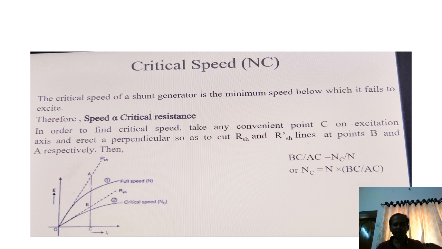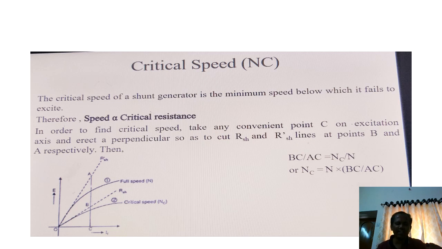In order to find critical speed, take any convenient point C on the excitation axis and erect a perpendicular so as to cut the lines at points B and A respectively.